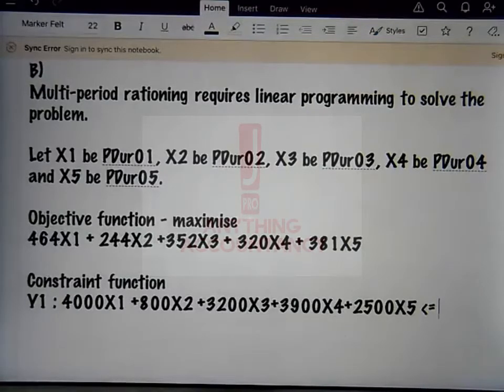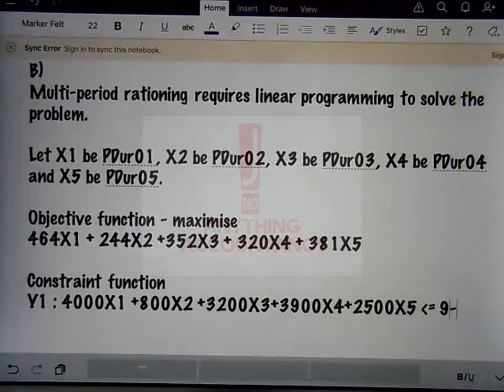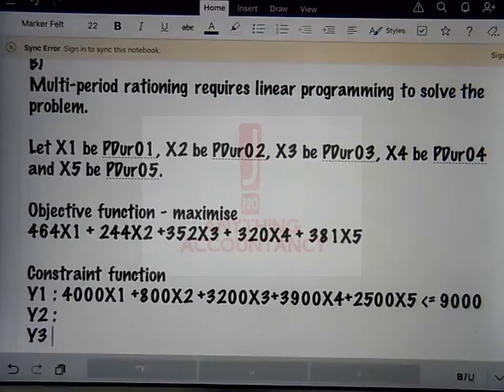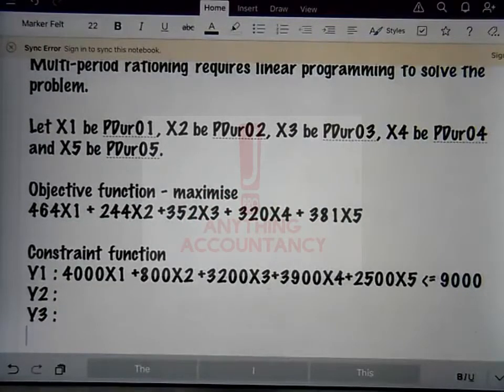You know that symbol, right? I can't put that symbol, you have to put that symbol yourself. Got it? How much? 9,000. Year 2. Do you understand what's happening now? Yes, no? Year 3. That's your constraint function.